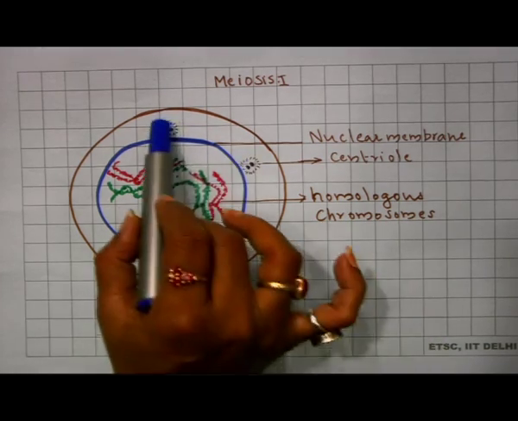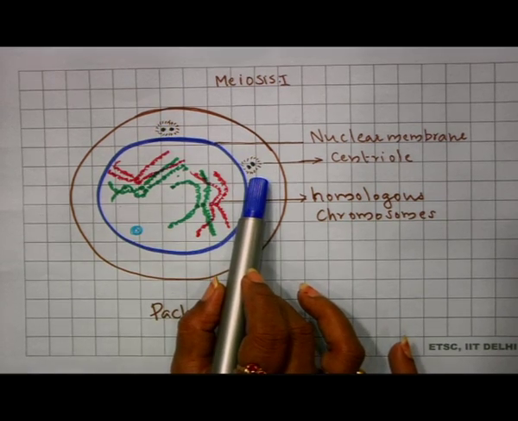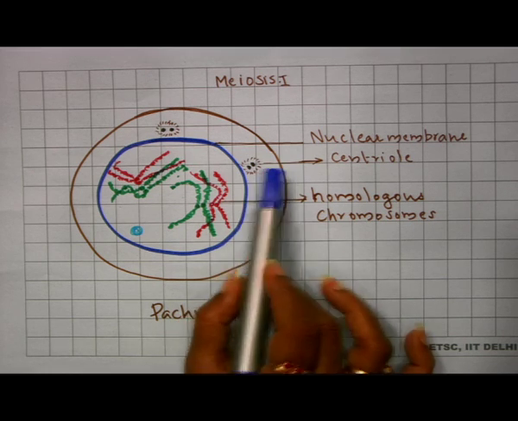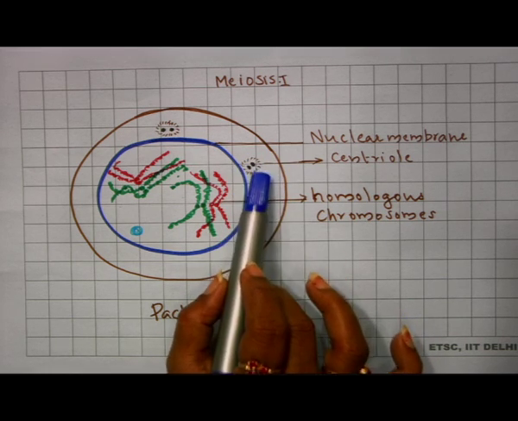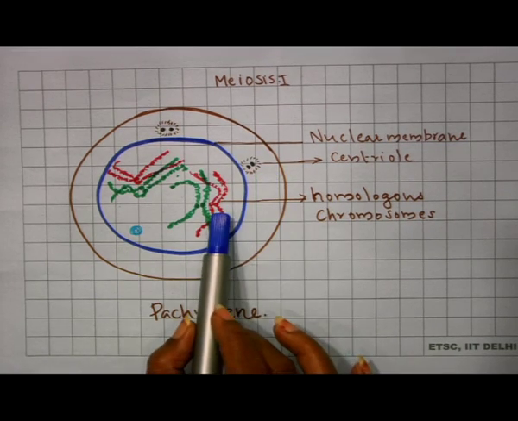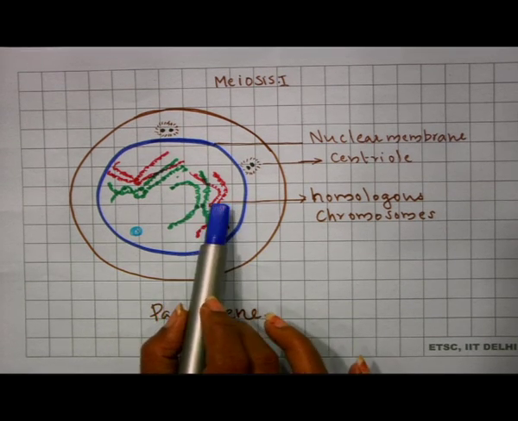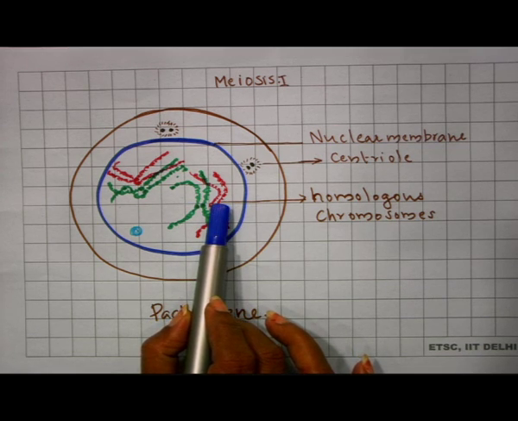These are the centrioles, duplicated centrioles, they start moving apart. There is the formation of asters, astral rays, and here the bivalent. This is a bivalent, a group of 2 chromosomes, homologous chromosomes.